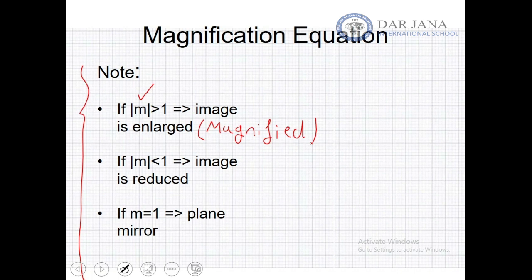The second point, if the absolute value of the magnification m is less than 1, in this case the image will be reduced, minimized. If m equals 1, be careful with this one, this means that it will be a plane mirror, as you took in lesson 17.1 about plane mirrors.